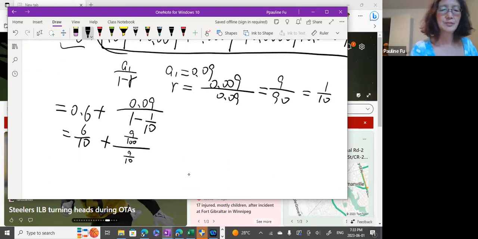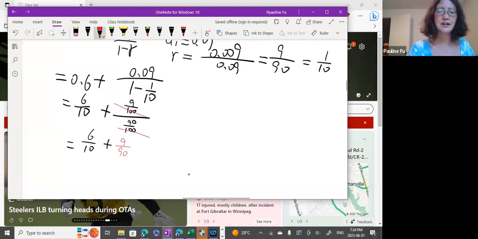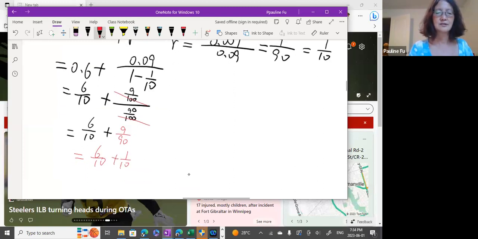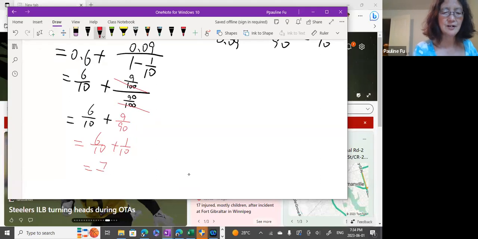Copy down 6/10. For this one, multiplying both numerator and denominator by 10 still holds true, so the 100 cancels out and you just have 9 over 90. And 9 over 90 is the same as 1 over 10. So the final answer is 7 over 10.